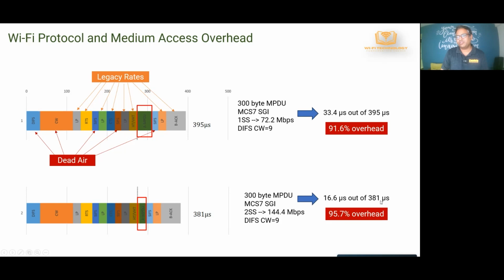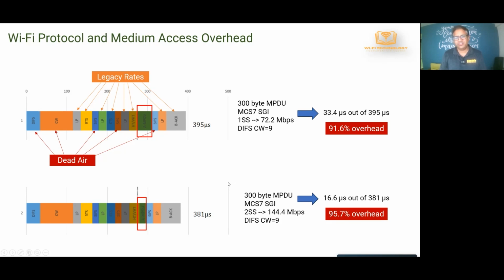So in fact, the percentage of overhead actually increased, because the time taken for the overhead has not decreased. The time taken for the data transmission has decreased. The overhead is all still there, which means that the percentage of time taken by the data transmission is now lesser, and so the overhead is technically even higher, relatively speaking, right?